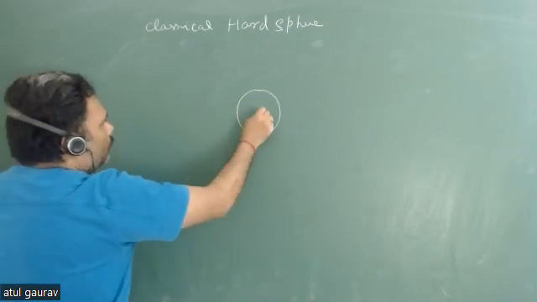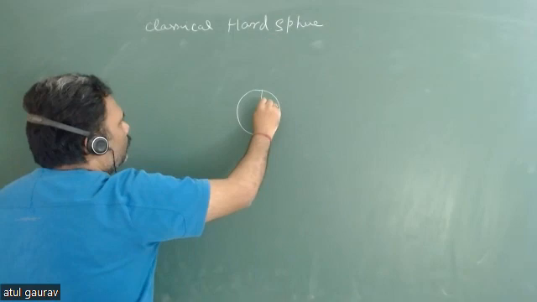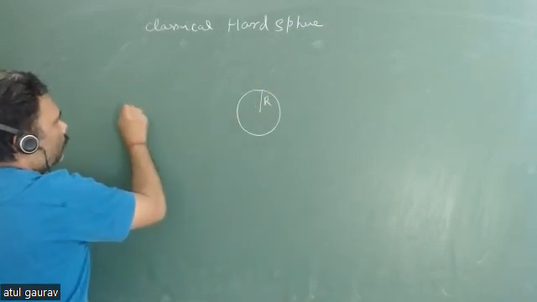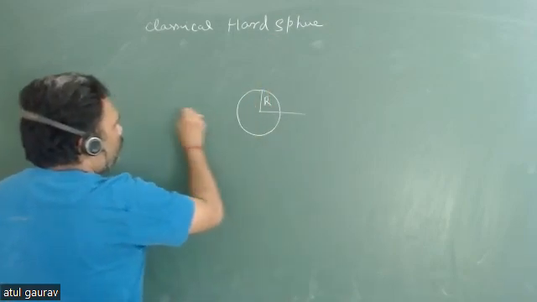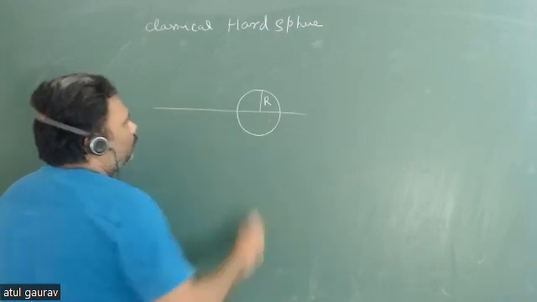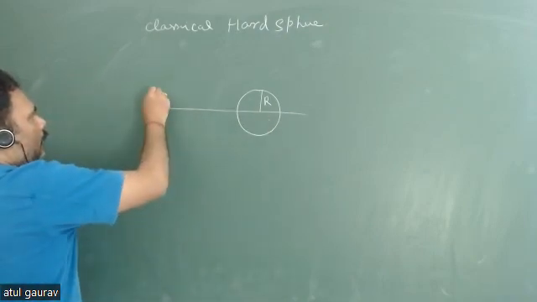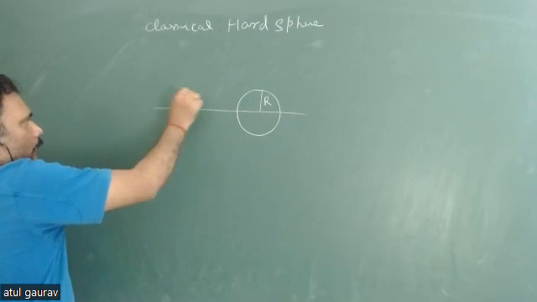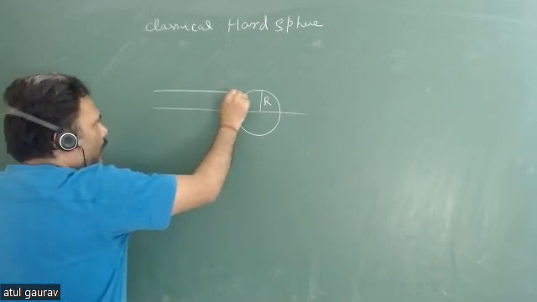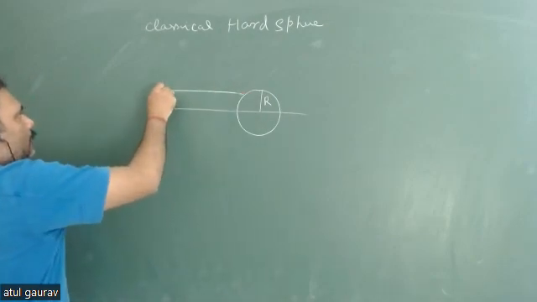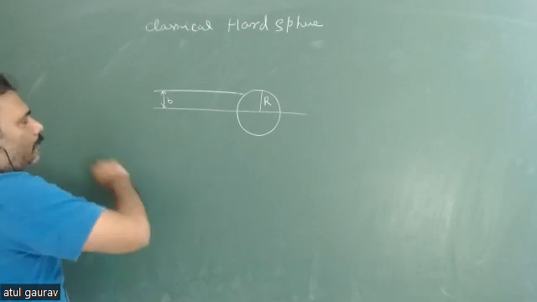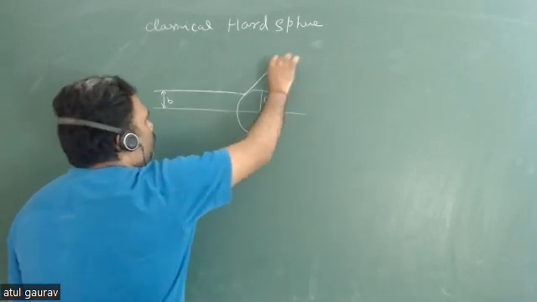So what will happen? This is my sphere, and it has radius r. So this is my line of incidence, and suppose I am throwing this particle from height b. So this is b. Okay, and this particle is going to scatter.